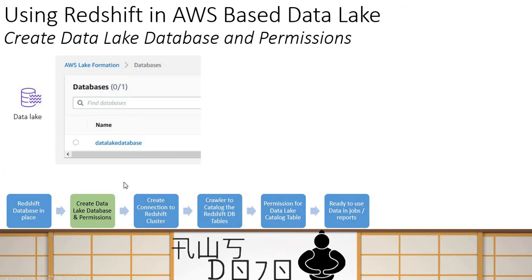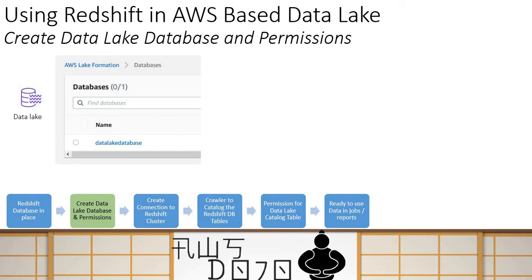Now what you do is that you create a database in your data lake. So you go to Lake Formation and simply create a database. Now your database is created. And once your database is created, you will use a crawler to catalog your Redshift tables as a data catalog in this database.